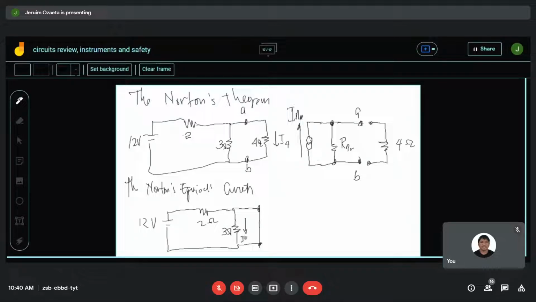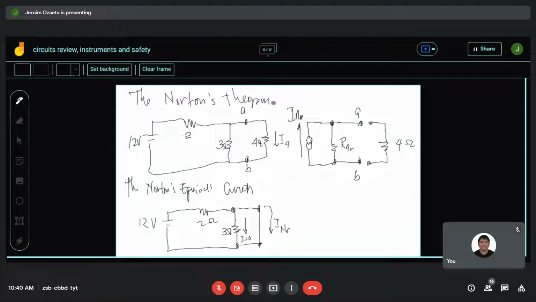The current here will be equal to 0, because most of the current here will be, this is the I Norton's equivalent. It will be 0 because you short circuited it, right?